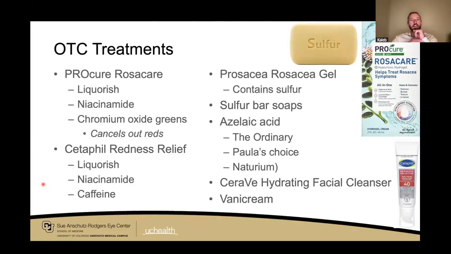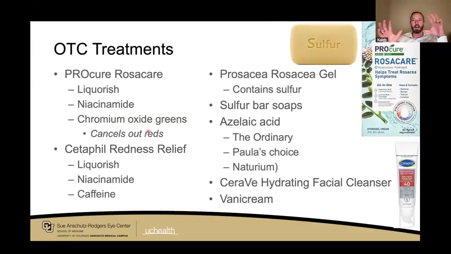So here are some over-the-counter treatment options that I like to keep on a list to give to my patients that I suspect or know have facial rosacea, but they're not really getting good treatment. There are certain products that work well. Things like niacinamide, which helps with the mitochondrial health of the skin and has anti-aging properties. We have chromium oxide greens.